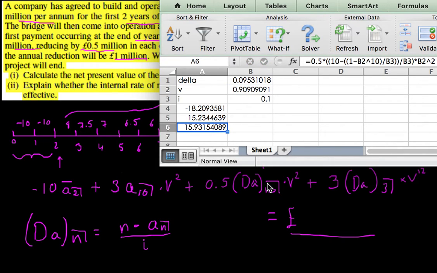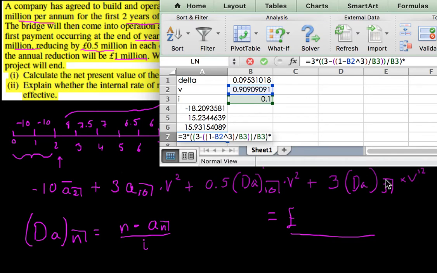So first and second, and now lastly we just have to find one more decreasing annuity, and then we're good to solve this. So that is equal to 3 multiplied by, and same thing that we had before, it's going to be n, which is 3, minus a regular annuity, 1 minus v to the n, which is 3, divided by i, which is that bit, and then we put all of that inside of brackets and divide everything by i, and there we have it.